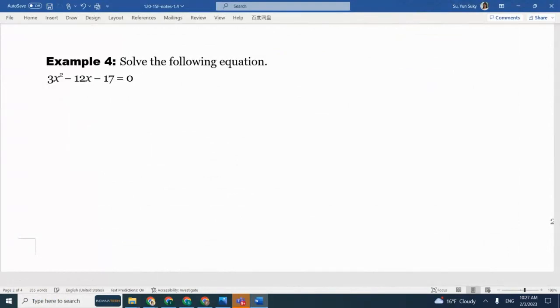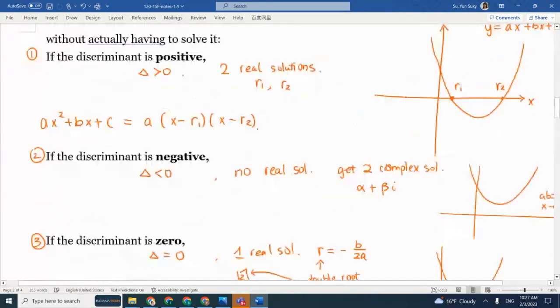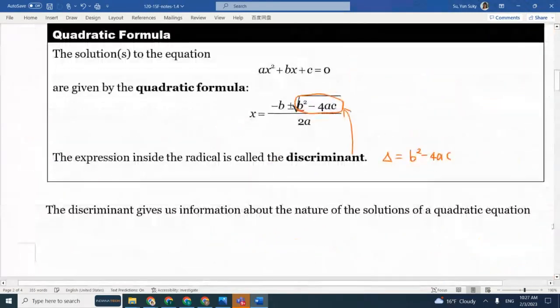Everybody look at me. Tell me what the quadratic formula is. Let's read it together. And then you close your eyes and tell me, okay? Negative b plus or minus square root b squared minus 4ac over 2a.